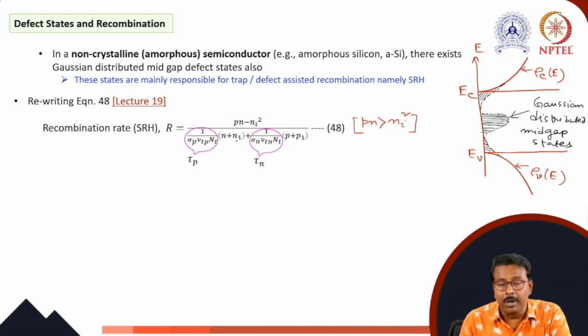How are p1 and n1 expressing the carrier concentration at the trap state? Let us see.